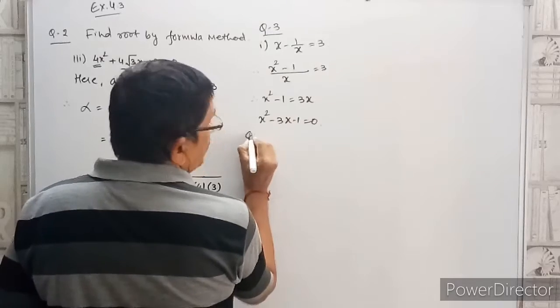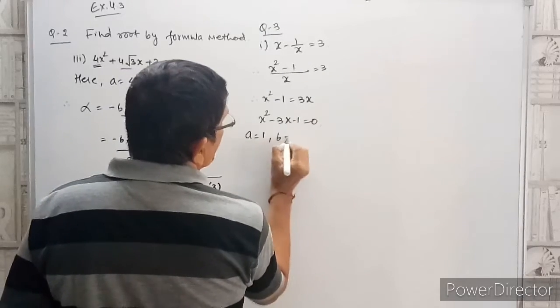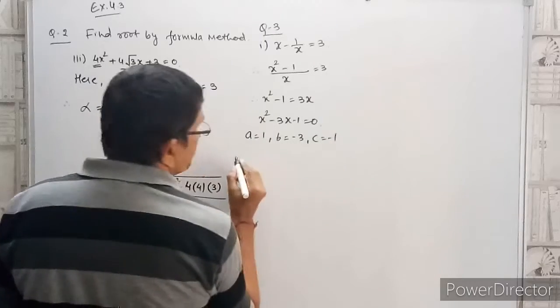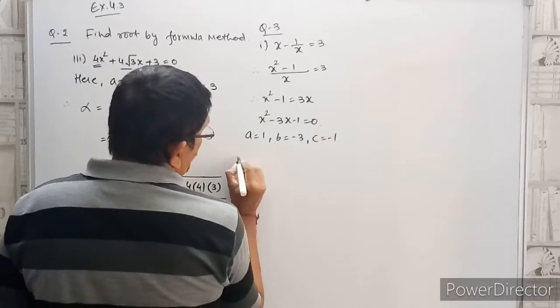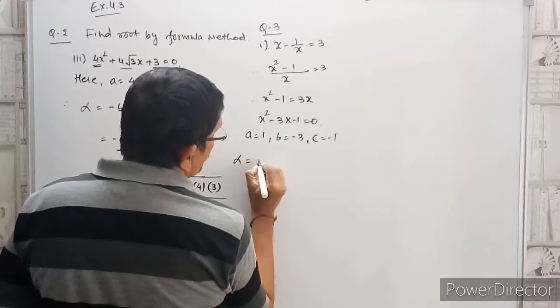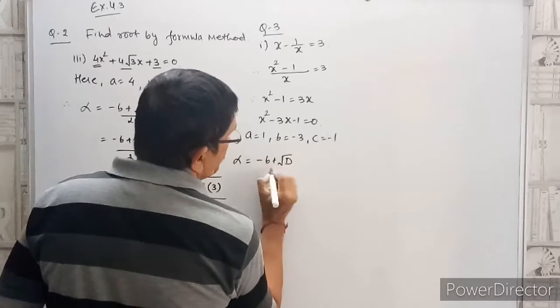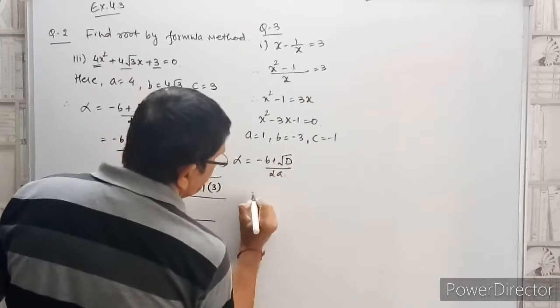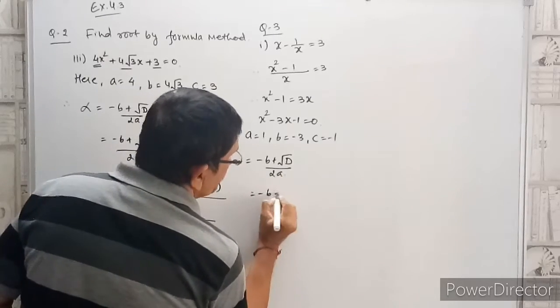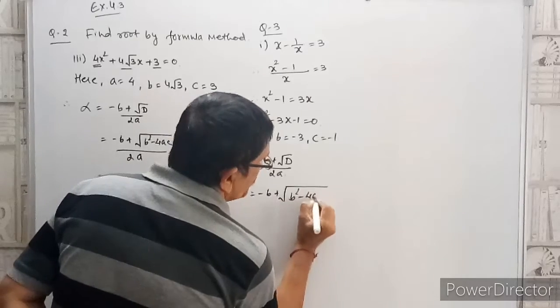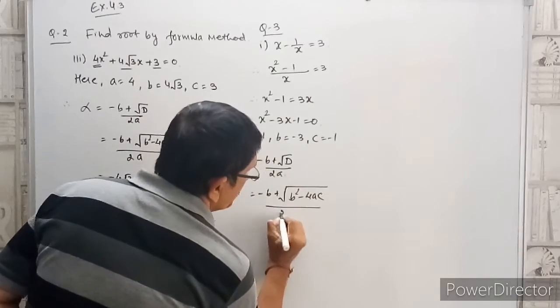Now, a is equal to 1, b is equal to minus 3 and c is equal to minus 1. Okay. So, alpha is equal to minus b plus root d upon 2a, minus b plus root d, that is b square minus 4ac upon 2a.